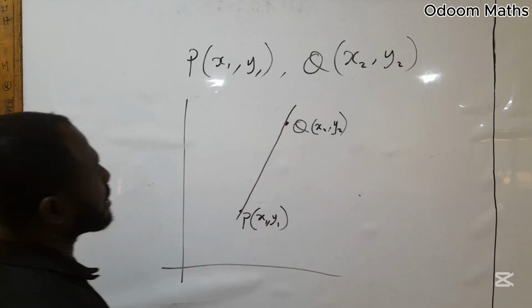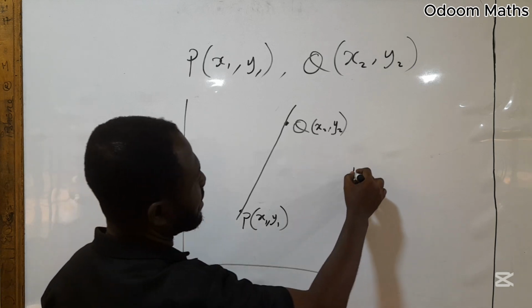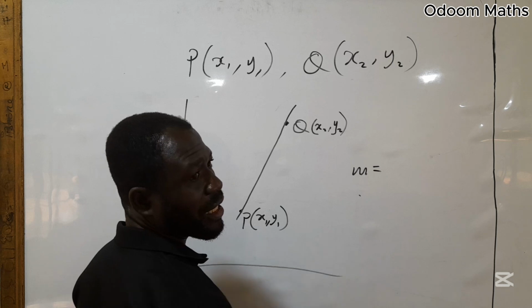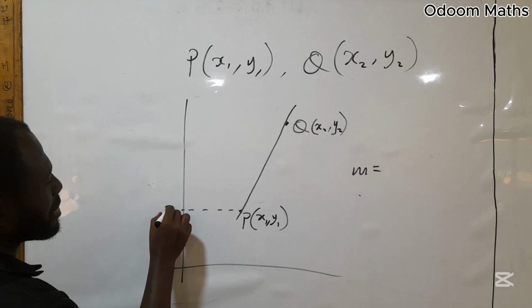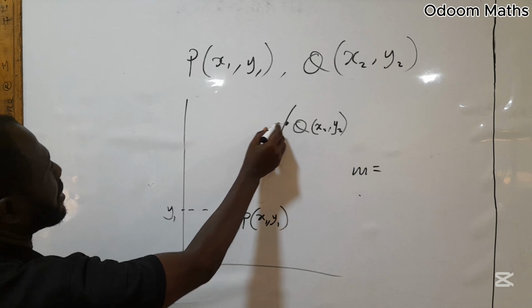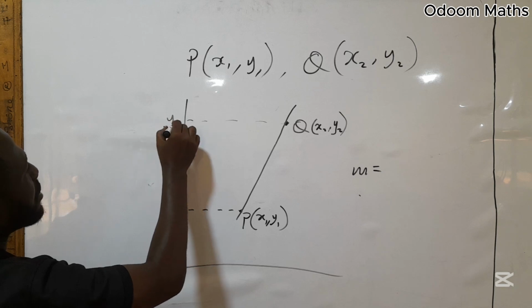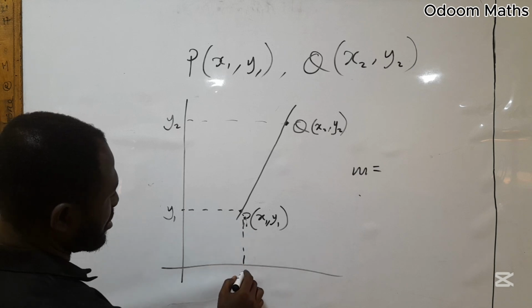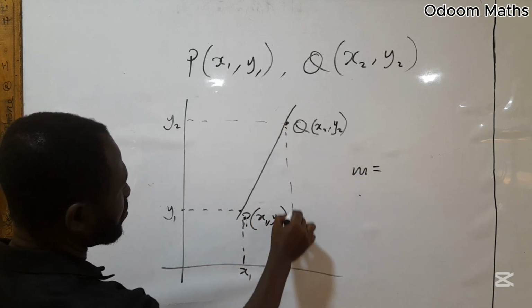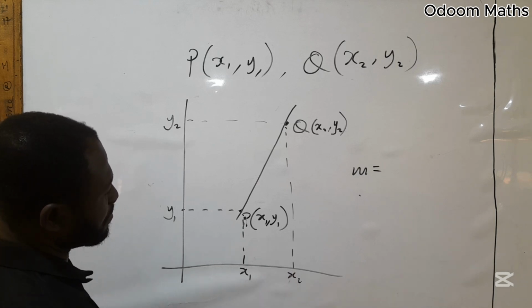When I said let the slope be represented by the letter M, let me trace this to this point, y1, and then here becomes y2. Then this becomes x1, and with this one, x2.